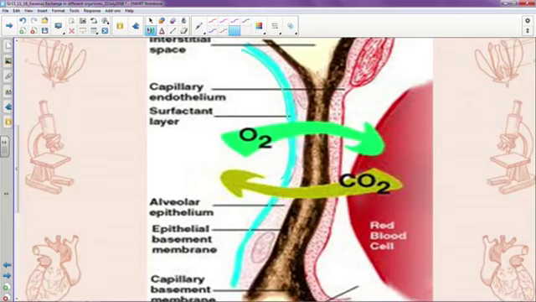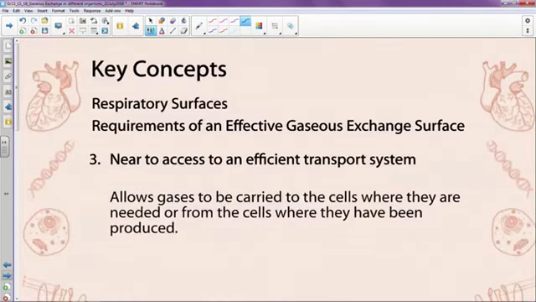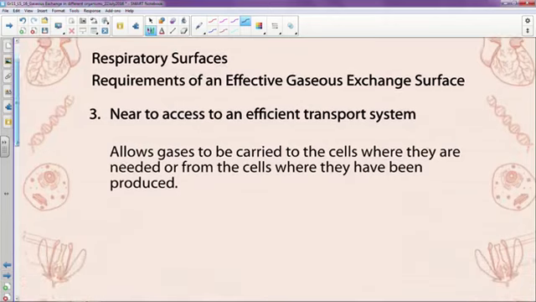That's the alveoli, and here we're finding the blood capillaries that carry the oxygen, and there's a thin surface here between them that allows for the rapid exchange of gases, with oxygen going from the alveoli into the red blood cells and the carbon dioxide from the red blood cells back into the alveoli. So again, a very efficient mechanism to ensure a rapid exchange of gases.